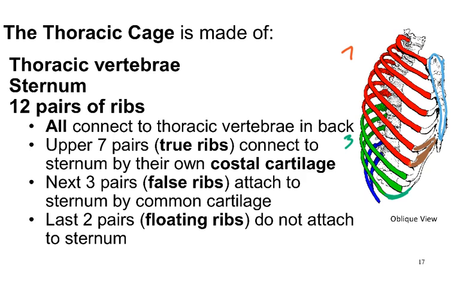It's called the costal cartilage that connects the true ribs to the sternum. So the false ribs connect to the cartilage of the true ribs. And then the floating ribs don't connect at all. There are usually 2 floating ribs.